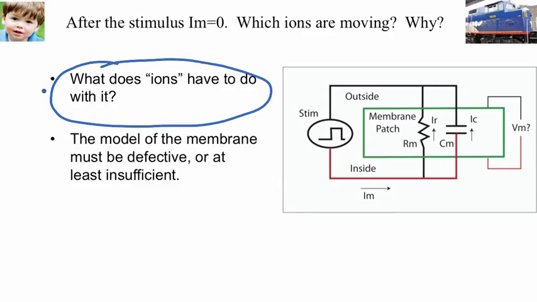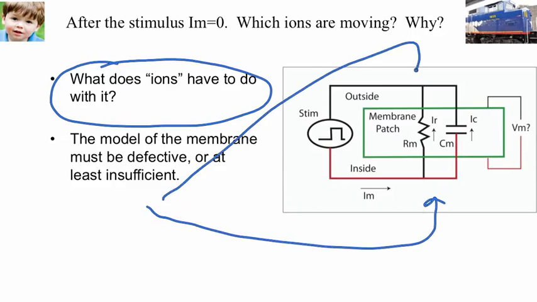We haven't gotten into ions. But surely, since we are utterly unable to explain the action potential otherwise, the model of the membrane, as it's shown up here, in some fashion is defective, or at least insufficient, because it's just not good enough to explain the observations that we see.